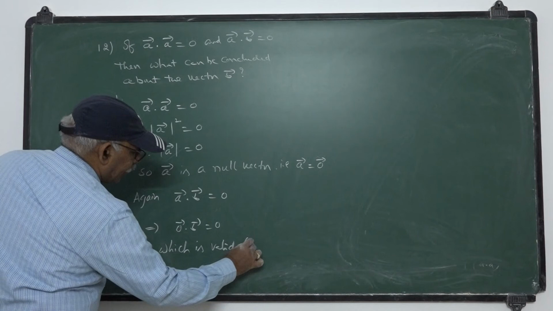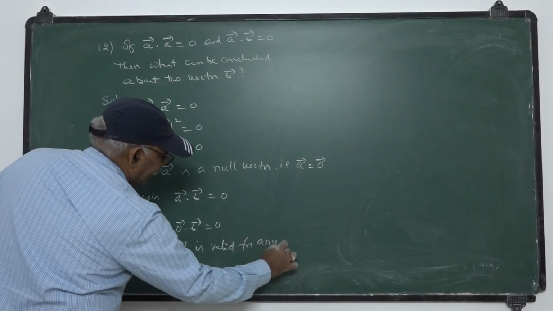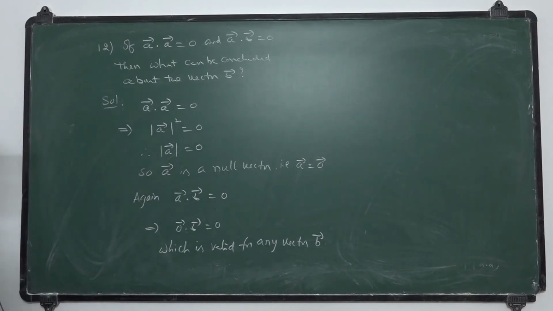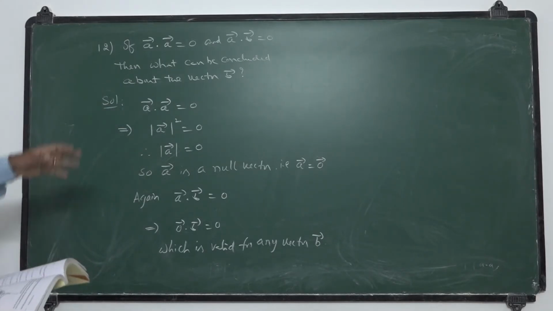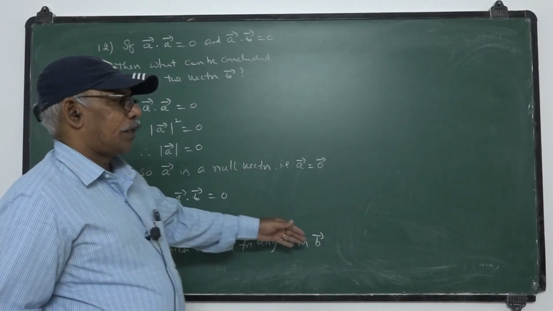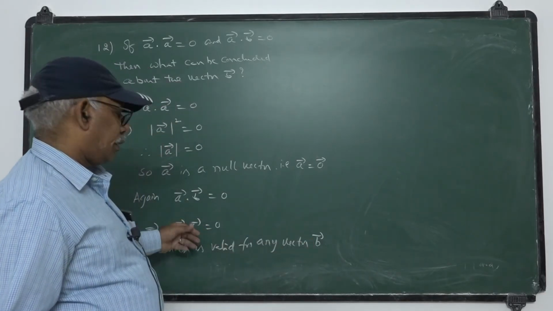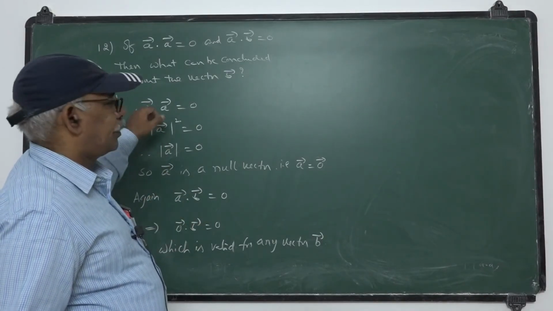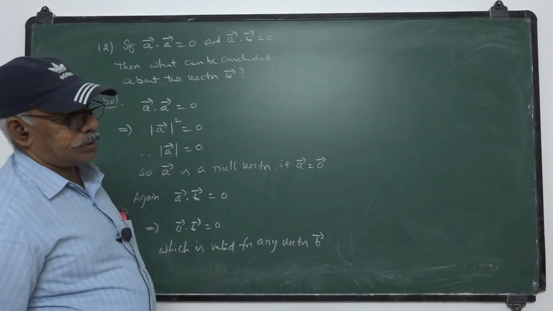Hence B bar is any vector. Whatever vector you consider as B bar, this relation follows.